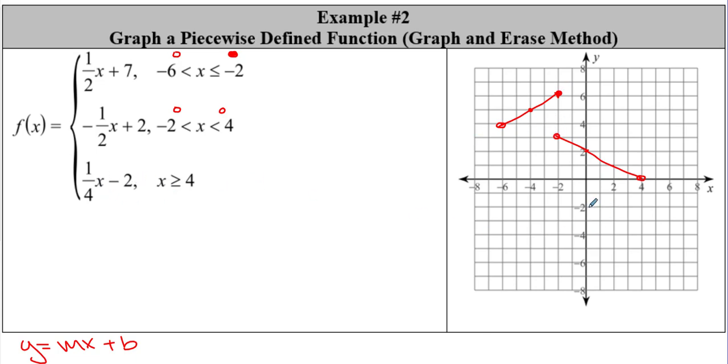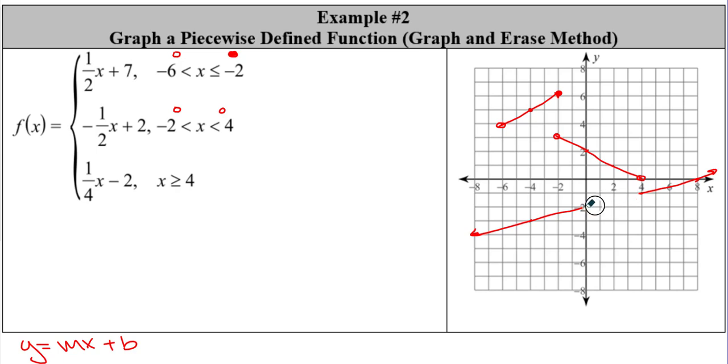Okay, my last one, we start at -2. I have a slope of 1/4, so up 1/4, up 1/4, down 1, back 4, down 1, back 4. And we can draw this line. I need to erase it at greater than 4, so 4 and above is being kept.